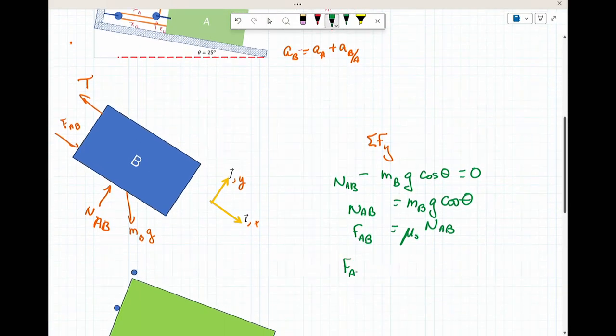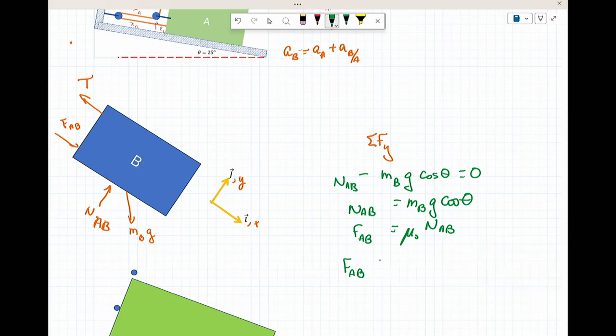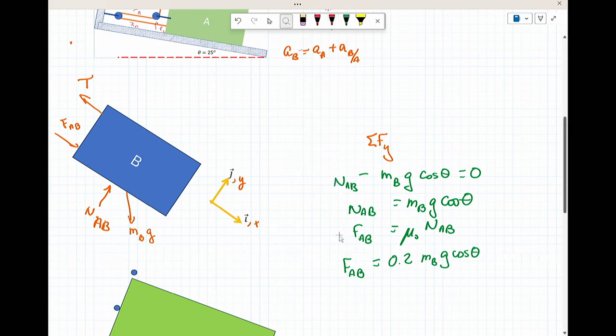Force AB, substituting in numbers, will equal 0.2 MBG cos of theta. All right, so I have the friction force. I'm going to write this down because later on I'll forget. And it's hard to remember if you look at my notes later and try to figure them out.